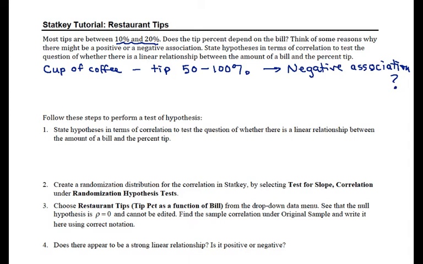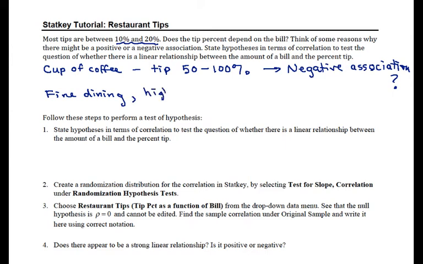On the other end of things, you might figure a very fine restaurant, so fine dining, people who are spending a lot of money anyway, may not have a lot of financial struggles and may just enjoy tipping more, right?